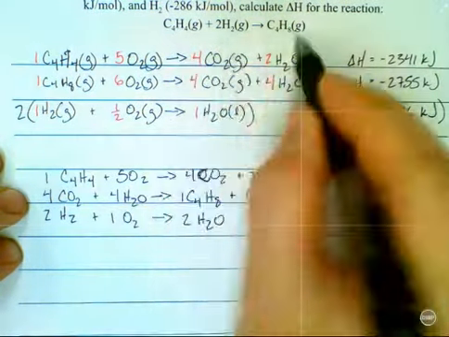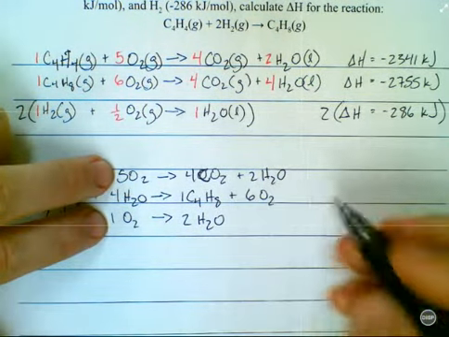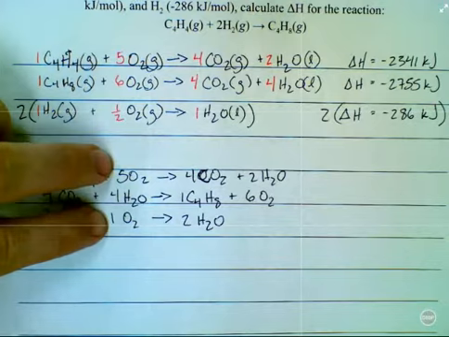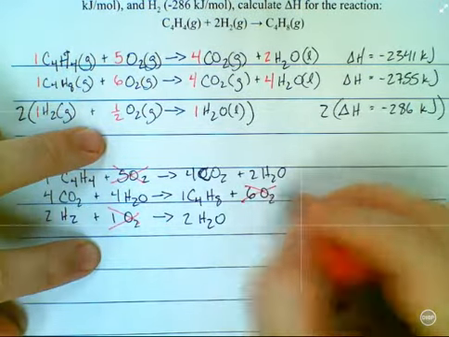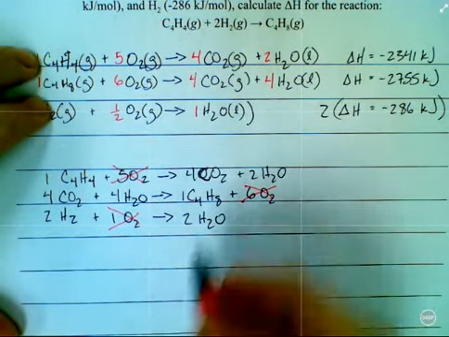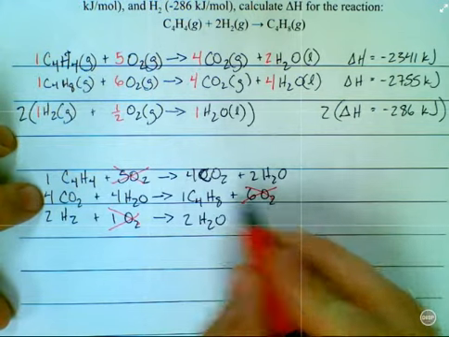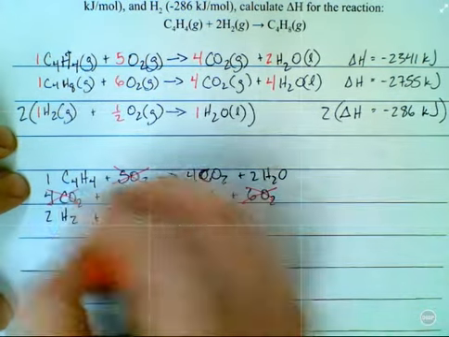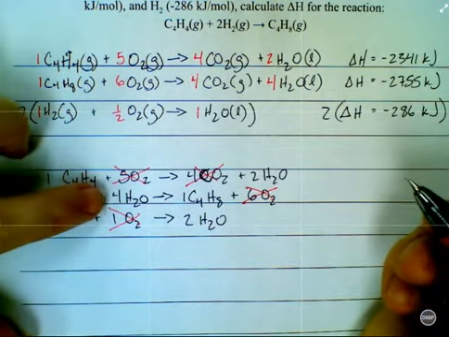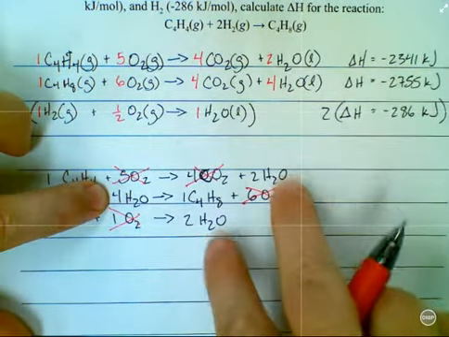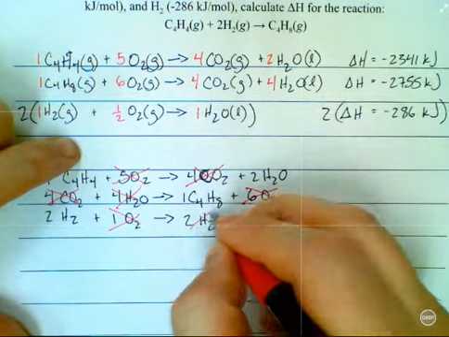There are no O2s present in this final reaction. So I have 6 total O2s on this side, 6 on this side. Those will cancel out. 4 CO2s on the reactant side, 4 CO2s on the product side. Those will cancel out. I have 4 H2Os on this side, 4 H2Os on the product side. Those will cancel out.